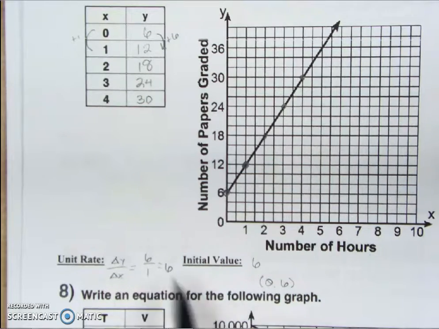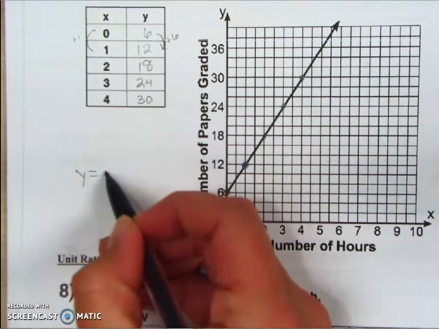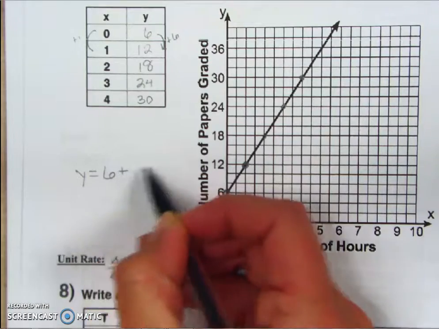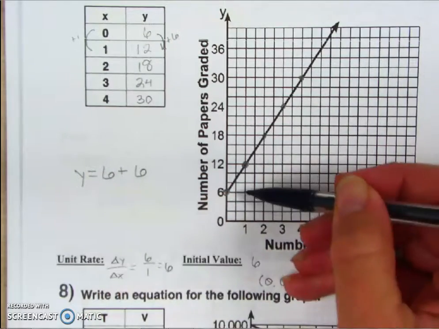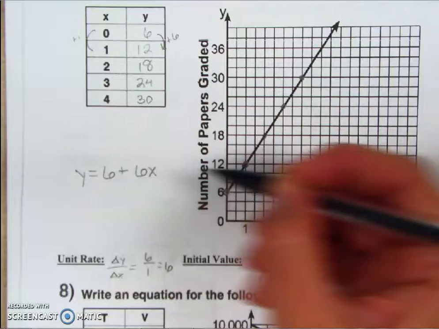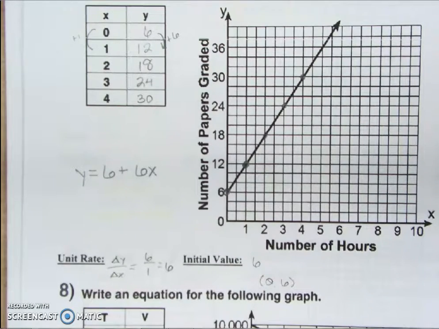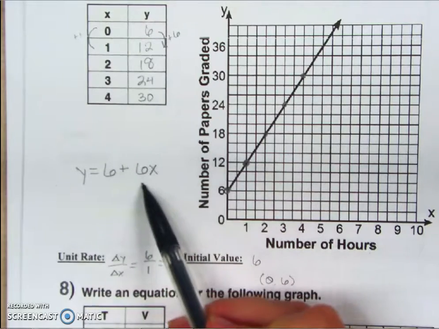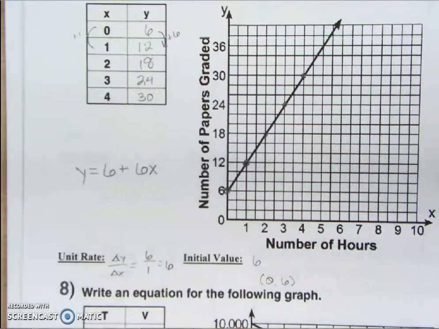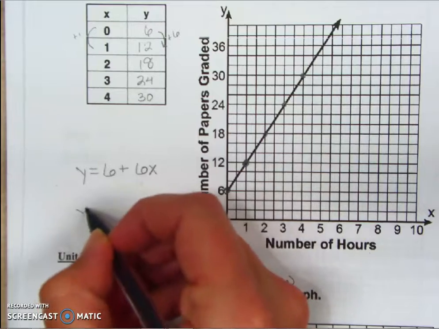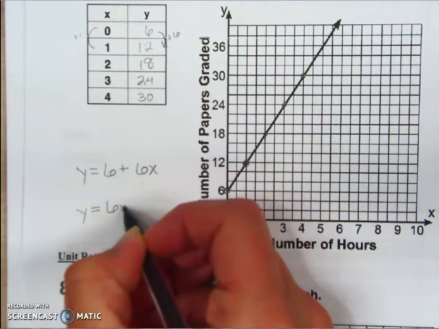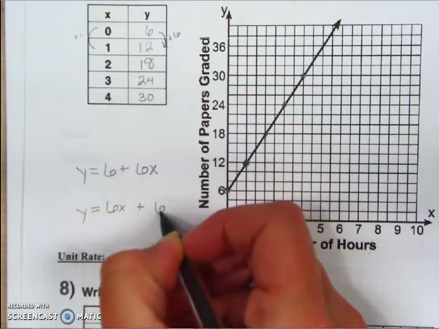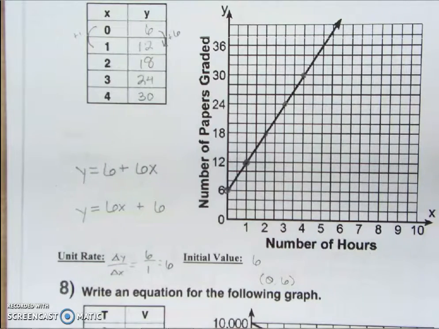So this equation started at 6, and then I'm adding 6 more papers graded per every hour of grading. So it looks like it takes me quite a while to grade those 6 papers if it takes me an hour for 6 of them. So we can write it that way, or we can switch things around and write it y equals 6x plus our initial value of 6. So that's how we would do that one.